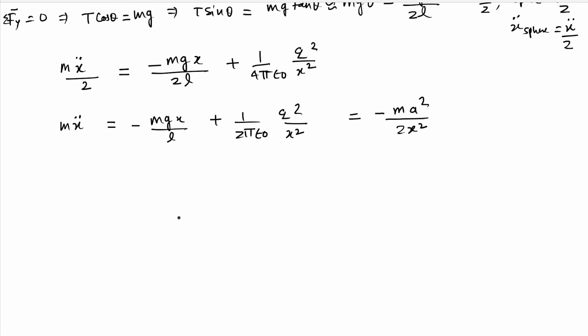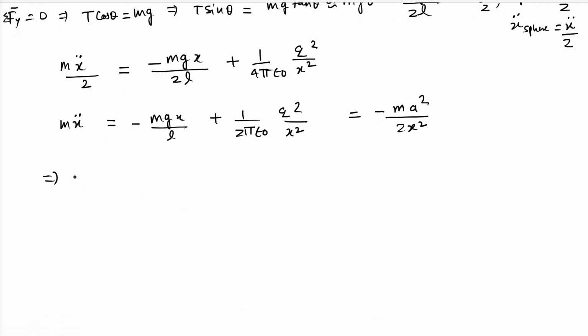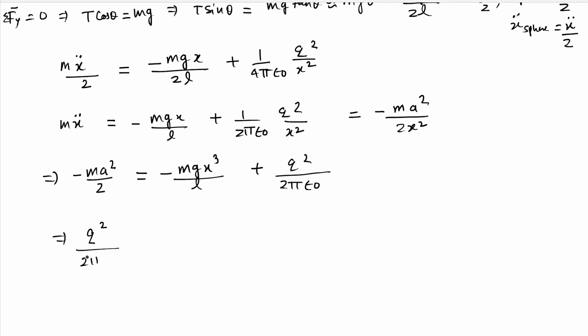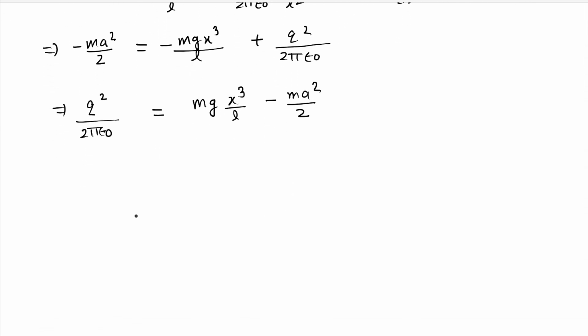So we can write minus m a² by 2 equal to minus mg x³ by l plus q² by 2 pi epsilon naught, and hence we can write q² by 2 pi epsilon naught equal to mg x³ by l minus m a² by 2.